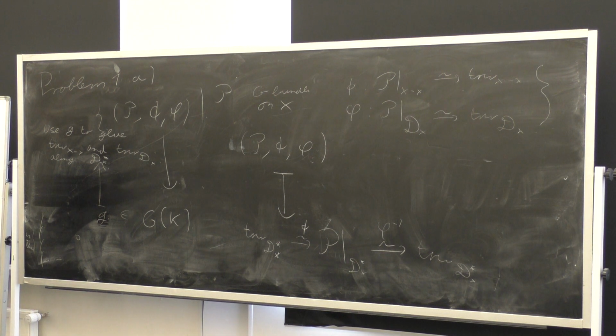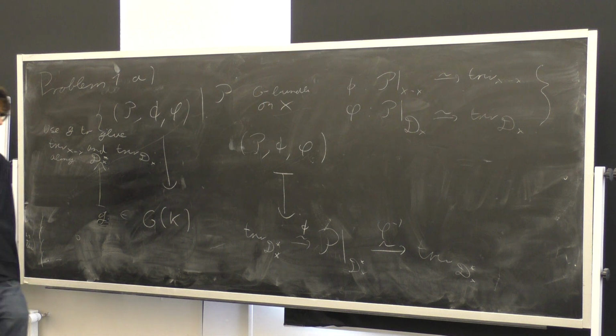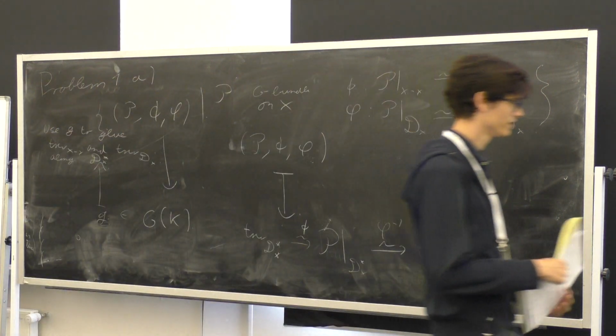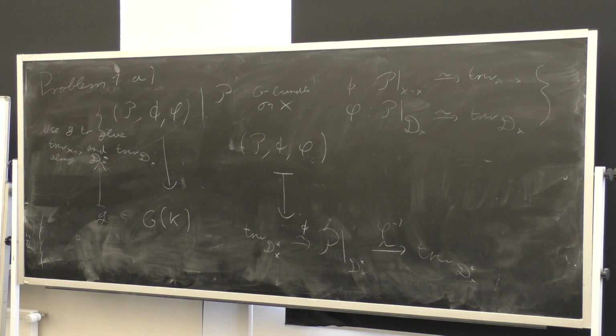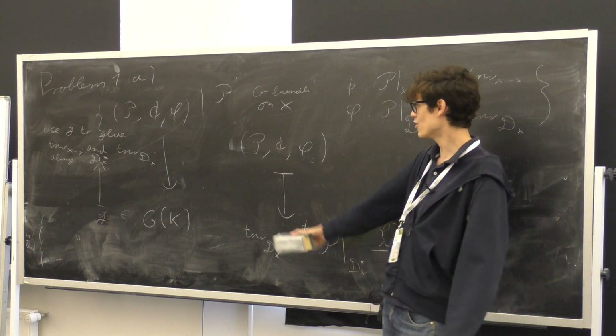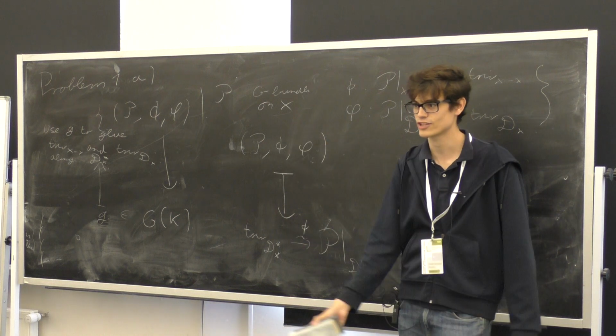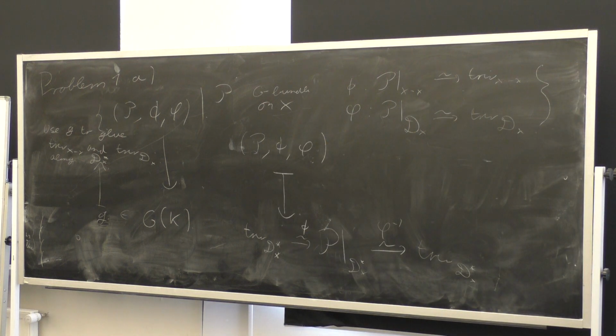Okay, so great. We have identified something else, but that was not the point of the problem. And these maps are obviously inverse to each other. I'm not going to check, but you can check.